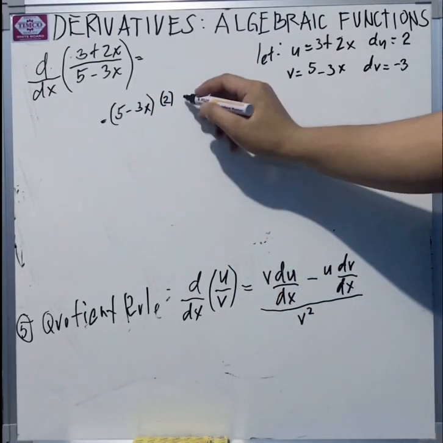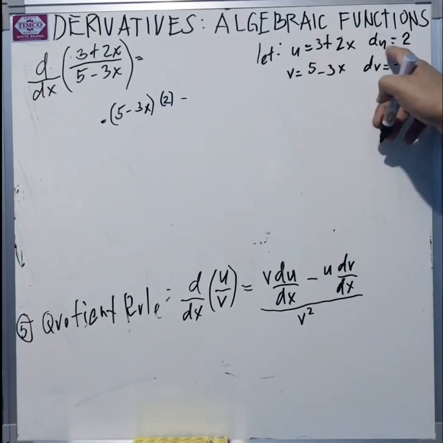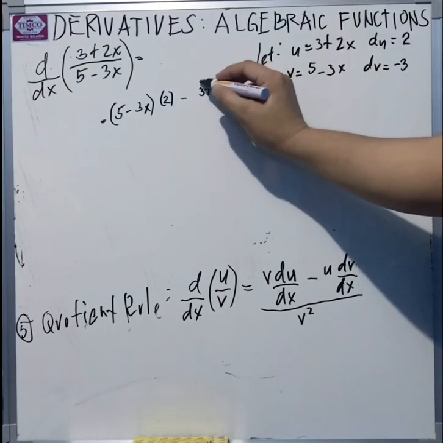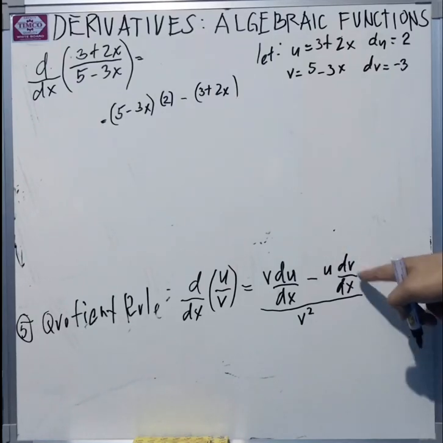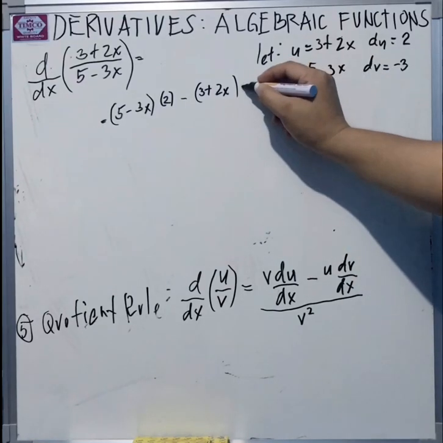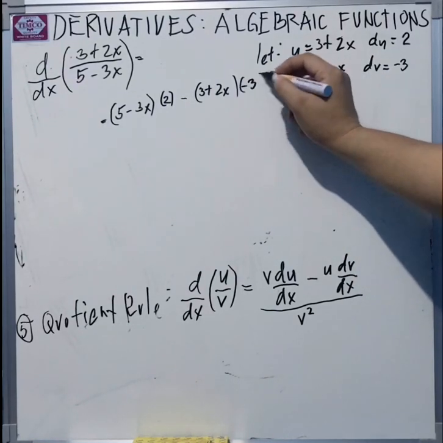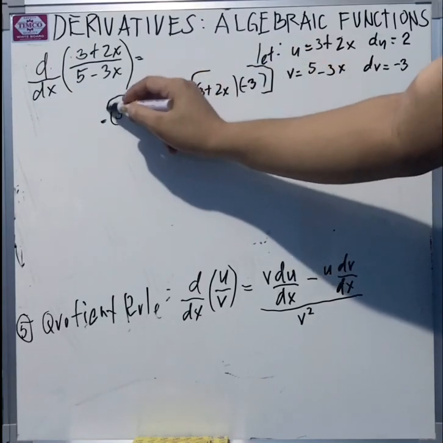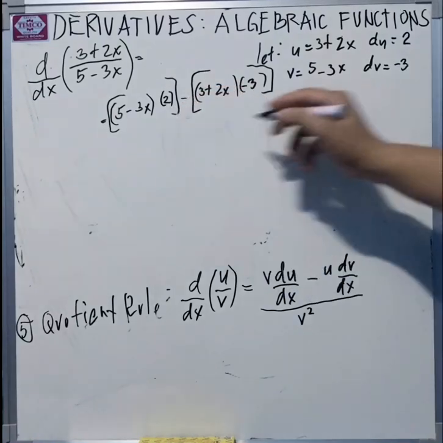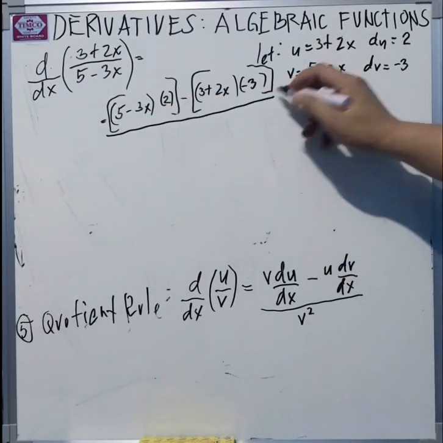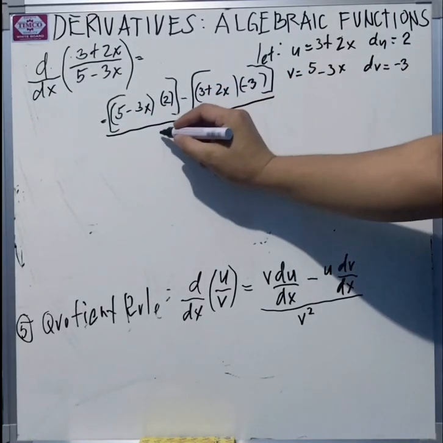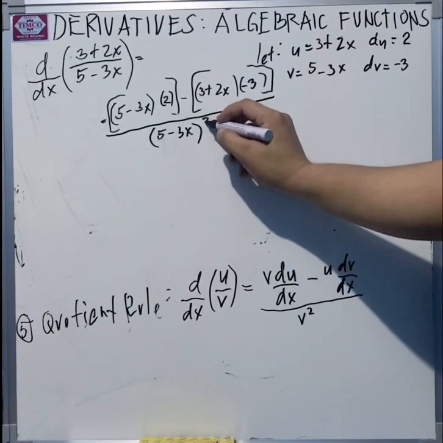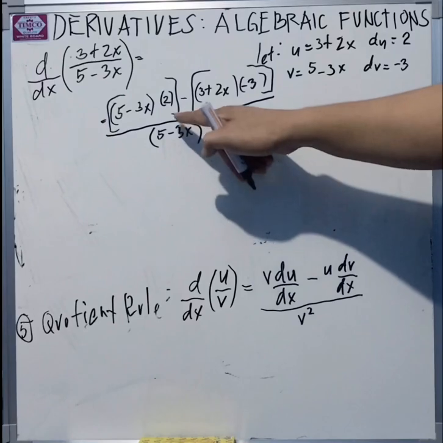V du minus u, which is 3 plus 2x, times dv, which is negative 3, all over v squared, which is 5 minus 3x squared.